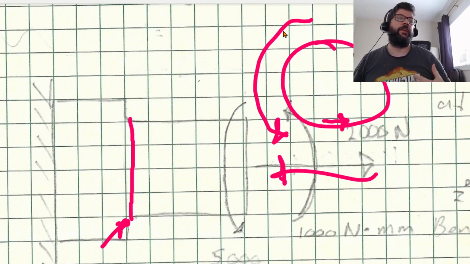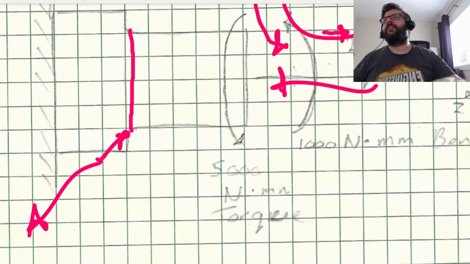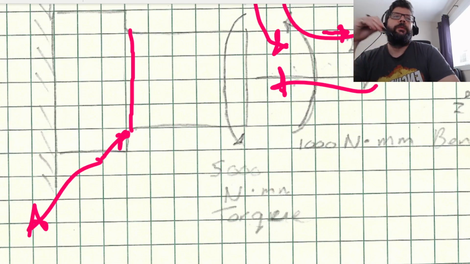It'd be a negative ZX shear, because positive Z is coming out of the page here, not into the page. That having been said, it's the only shear that's there, and we're worried about calculating the magnitude and whether or not it's going to fail.